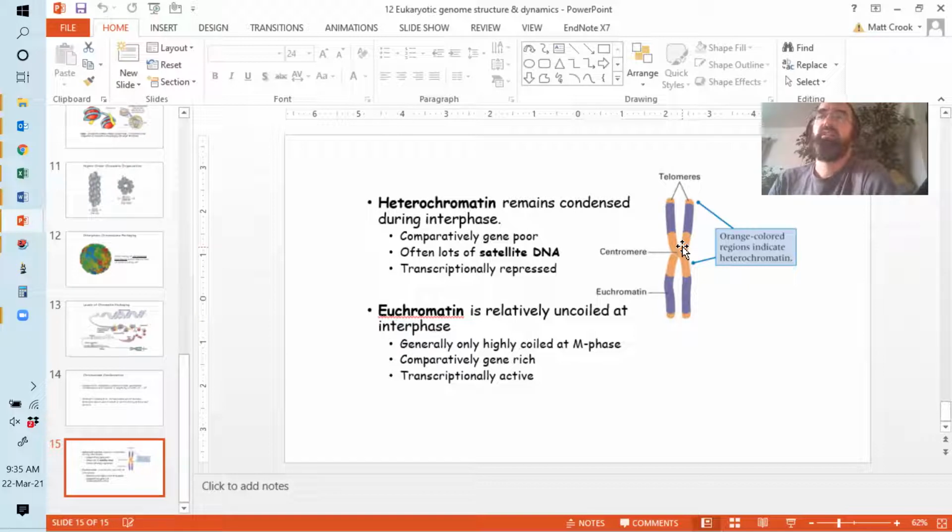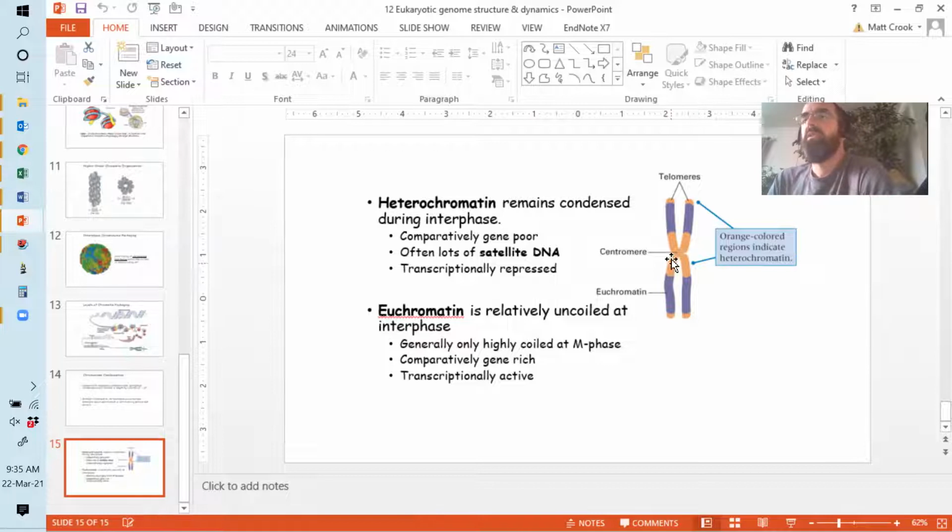I know that that's recognized by other proteins which form the kinetochore, which is really the bit that spindle fibers attach to in mitosis and meiosis. But why that forms there, I don't know. Partly perhaps because of the percentage of satellite DNA, maybe. I don't actually really know, to be honest.